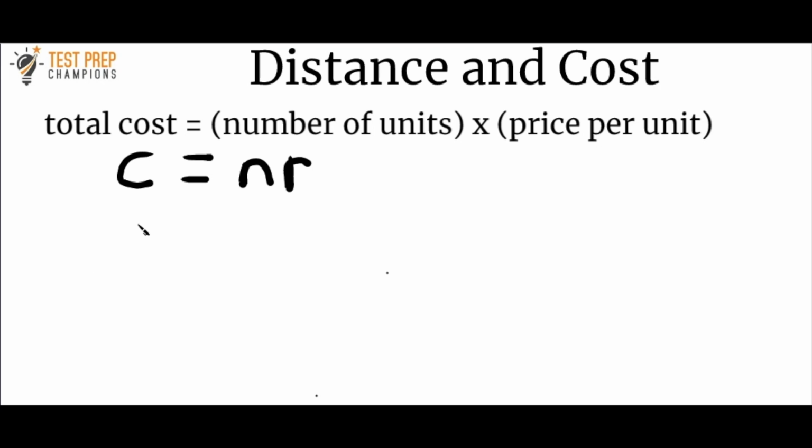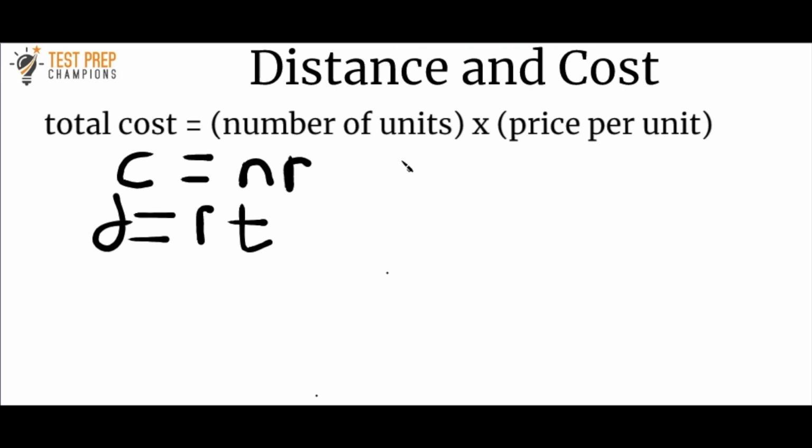One thing that is different, though, and a little bit strange, is that in the distance formula they write D equals RT, where they have rate times the time. But for some reason, for the cost formula on your test, in most prep books and on the formula sheet, it's going to be written as C equals N times R, where the rate or the price per unit comes after the n.